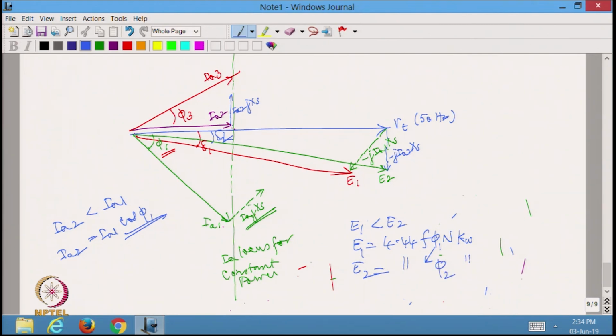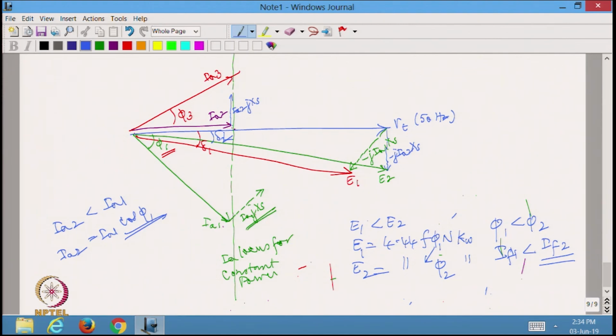If E1 is less than E2, then I should have phi 1 less than phi 2, which means the field current in the first case must have been smaller than the field current in the second case. So, as I increase the field current, the machine moved from the lagging power factor zone to the unity power factor zone.